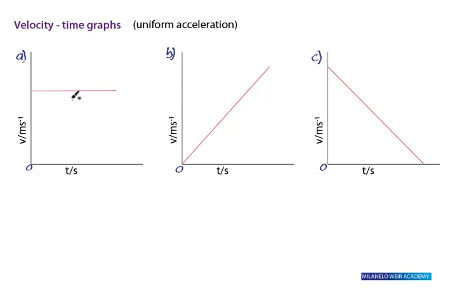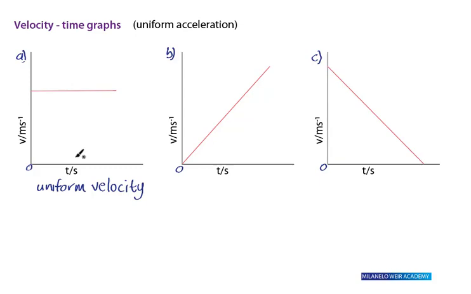This object is moving with uniform velocity or constant velocity. This is uniform velocity for graph A.